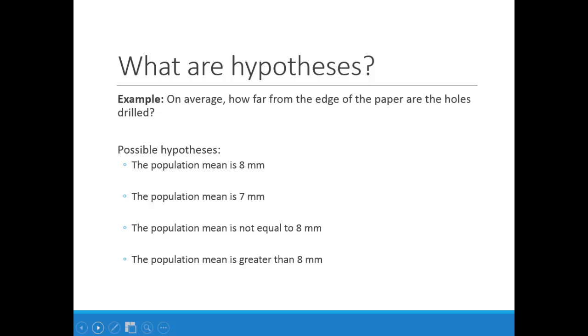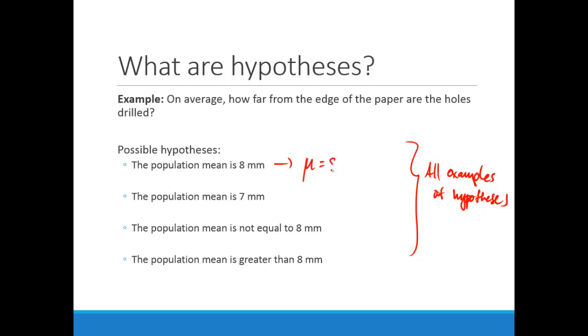I'm saying it's not equal to 8 millimeters, or maybe it's greater than. These are all examples of hypotheses. More specifically, the first one says mu equals 8 millimeters. So I'm saying that the population mean is 8 millimeters.